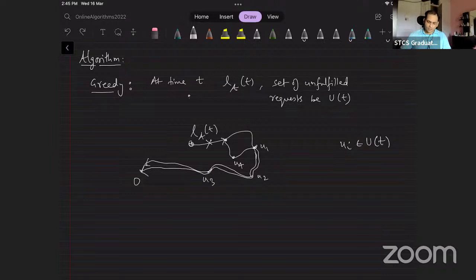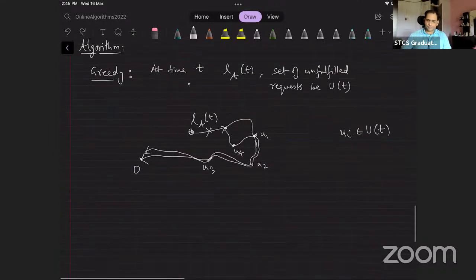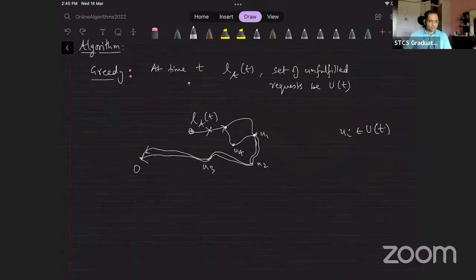Anybody wants to argue there is actually not an optimal algorithm? What is the weakness of it? Let me ask you the same question in a different way. What is the weakness of this algorithm?